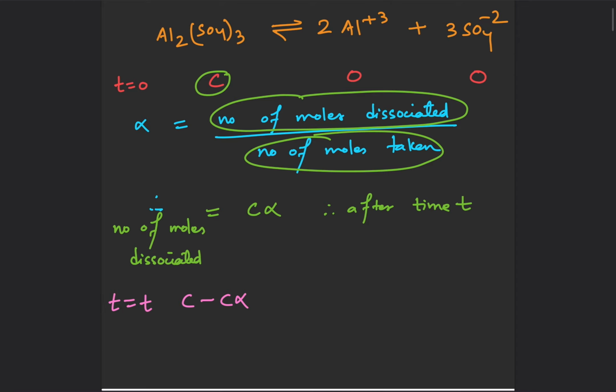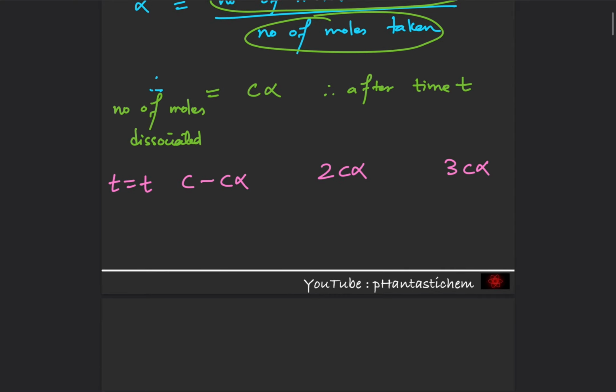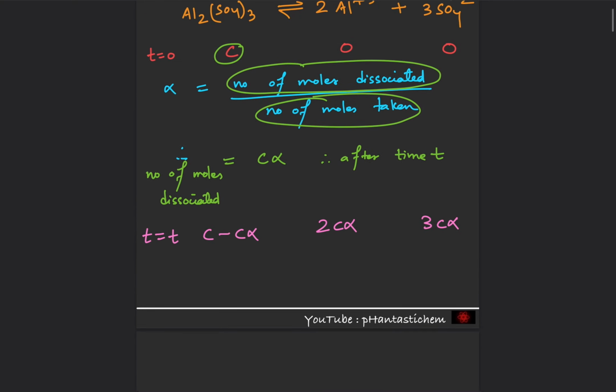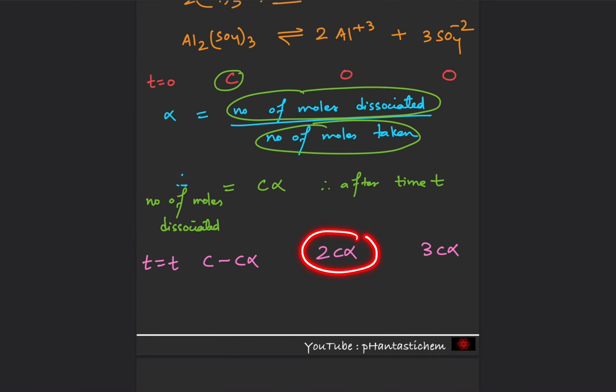Okay, and also the amount of Al+3 will be 2C alpha, and the amount of sulfate ion SO4-2 is going to be 3C alpha. Okay, so this is 2C alpha because you can see 1 mole of aluminum sulfate dissociates to give me 2Al+3 ion. Similarly, C alpha will dissociate to give me 2C alpha Al+3 ion.